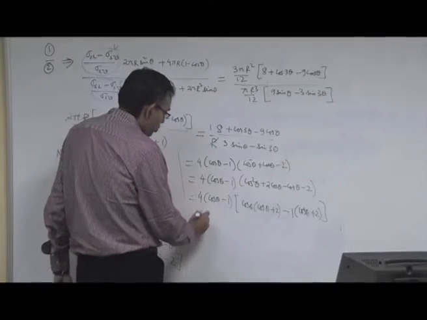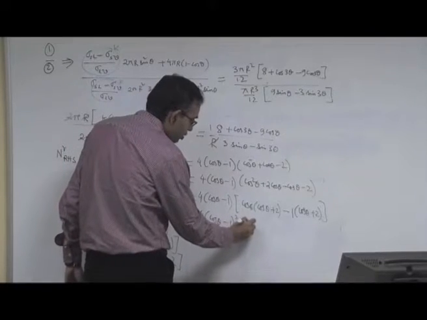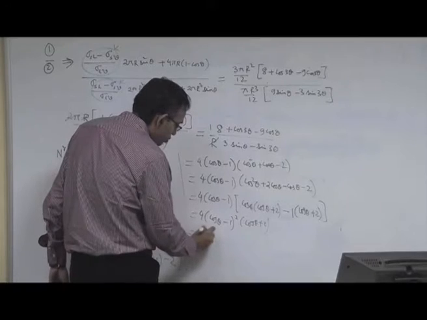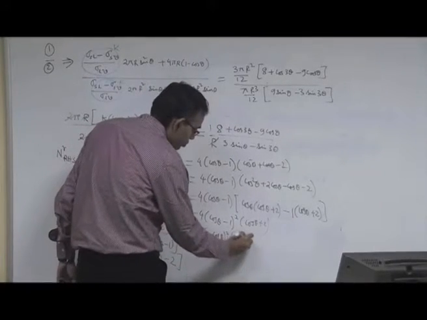So, 4 into (cos theta minus 1) whole square into (cos theta plus 2). So, this is as good as 4 into (1 minus cos theta) whole square into (cos theta plus 2).